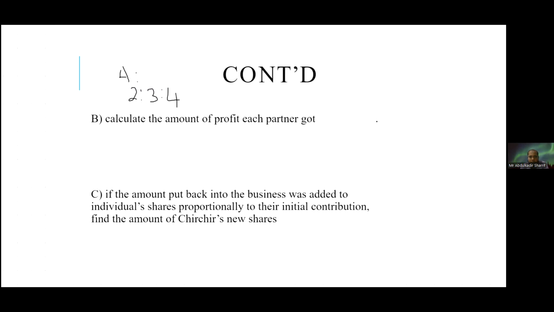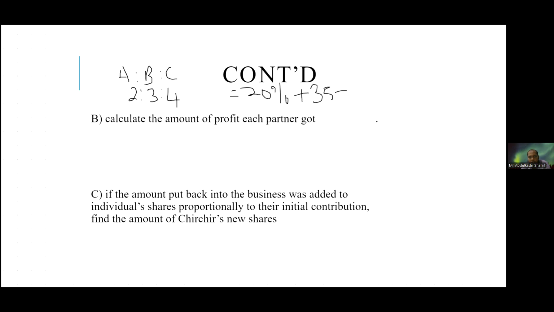But now we have to find the amounts that was shared between the partners, right? We said 20% was put into the business. The other 35% was used for official operations. So in total, you'll get 55%.